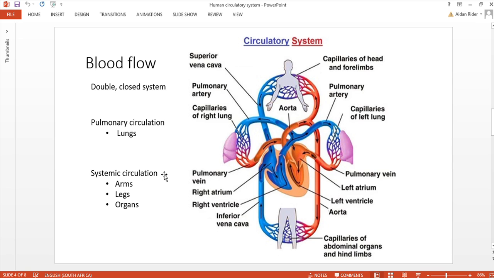This refers to everything else. So it goes to the arms, the legs, and the organs. As soon as the blood has been oxygenated, it goes through the heart again, and now it goes to the brain, or to the arms, or to the legs. So pulmonary refers to lungs, and systemic refers to everything else, where your oxygenated blood goes and gets deoxygenated.